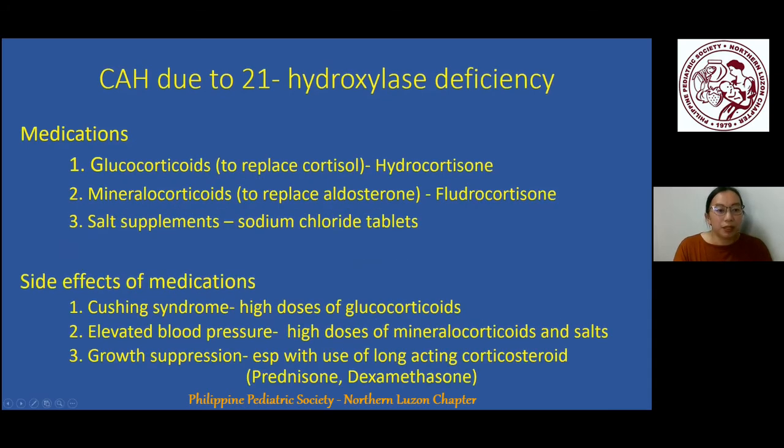So we have 3 medications usually given for 21 hydroxylase deficiency. Your glucocorticoids, this is to replace the cortisol. So what we give is the hydrocortisone tablets. Mineralocorticoids to replace the aldosterone, your fludrocortisone tablets, and we also give salt supplements or the sodium chloride tablets.